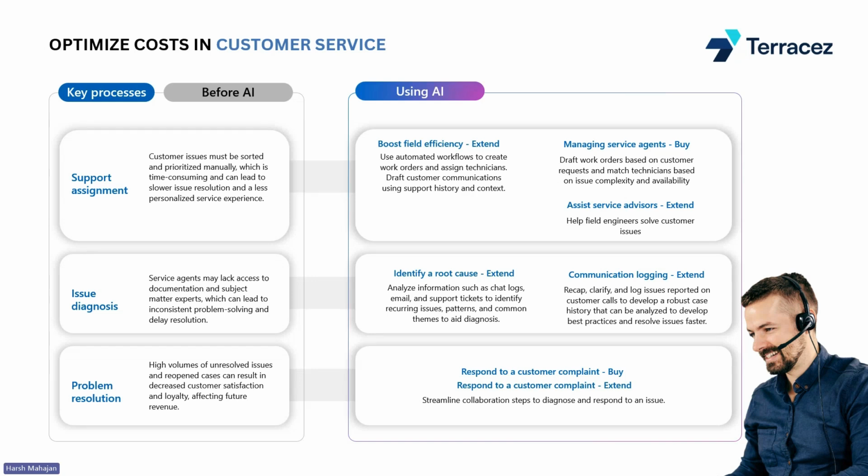Second, they have to diagnose the issue, and while diagnosing, they have to collaborate with their product team, engineering team. And third, they have to provide a proposed resolution to the customer, where they can follow the steps. So this is the complete cycle of the process. Now in this process, let's understand how Copilot can help us.